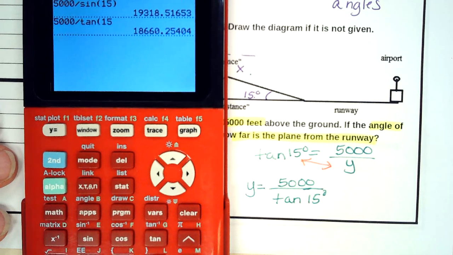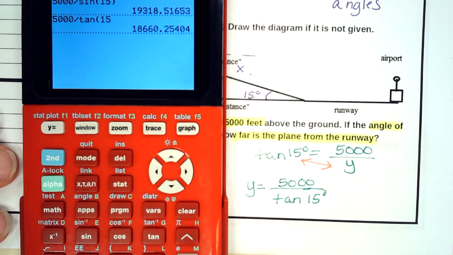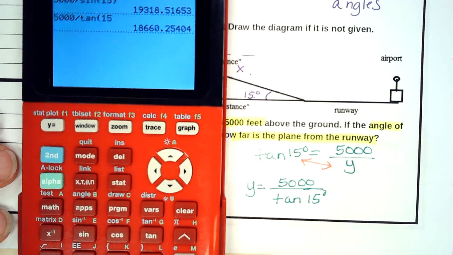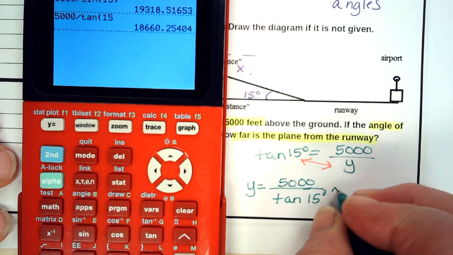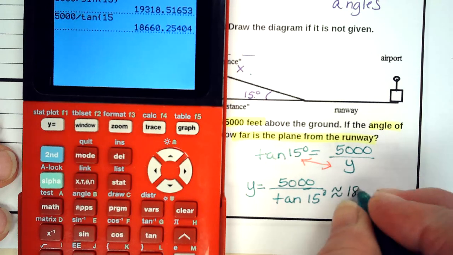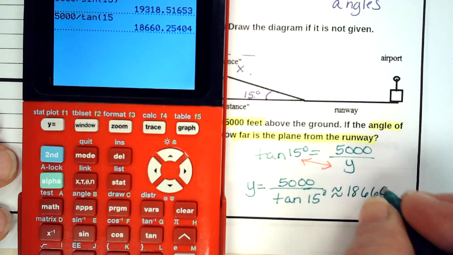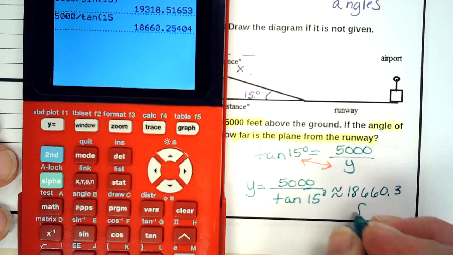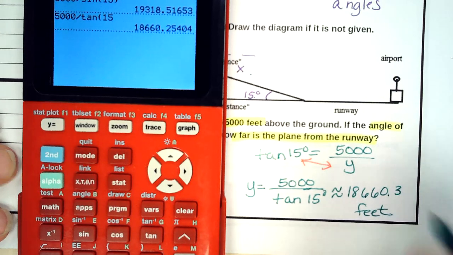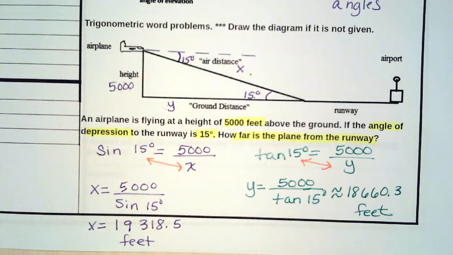And you get approximately 18,660.3, and that would be feet. So if you're looking at the ground distance itself, it would be 18,660.3 feet.